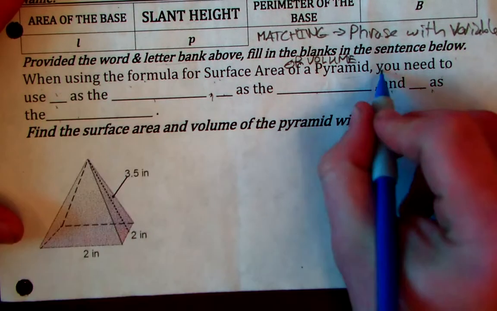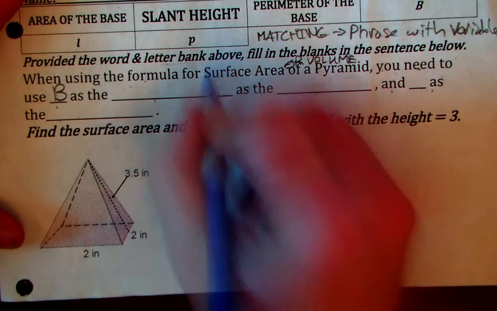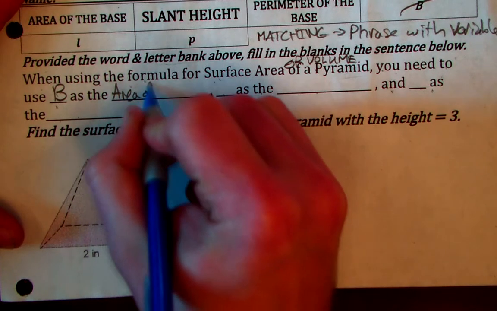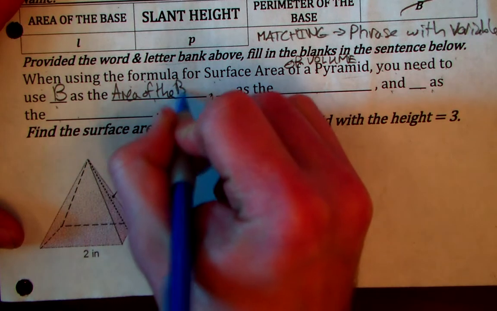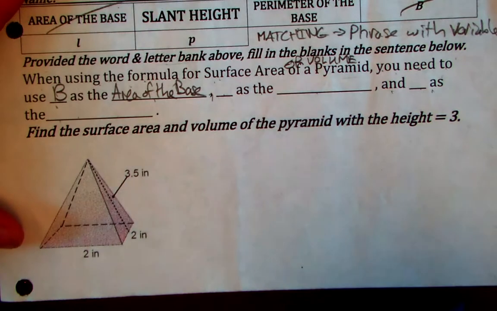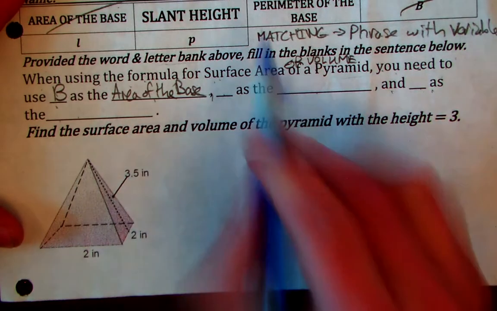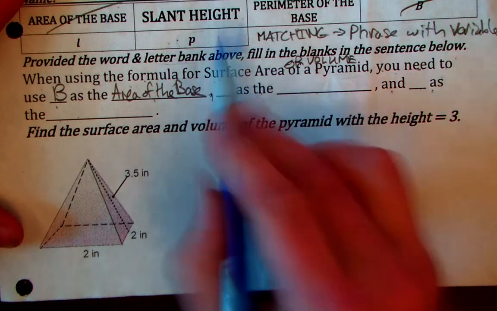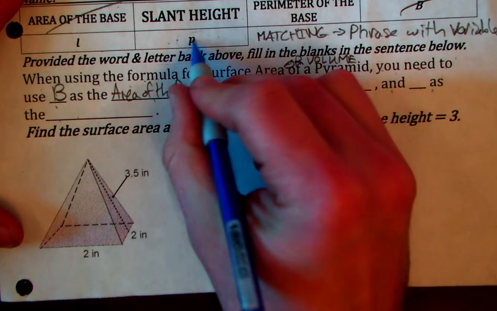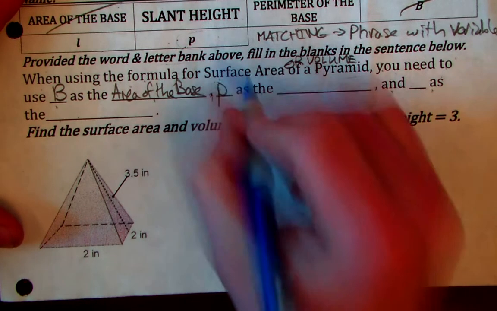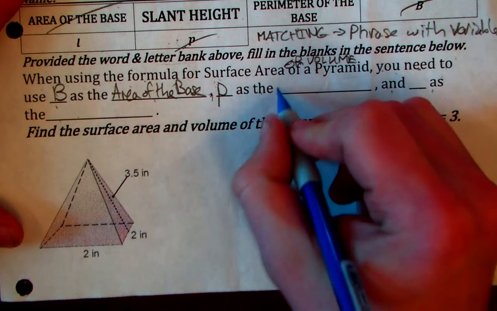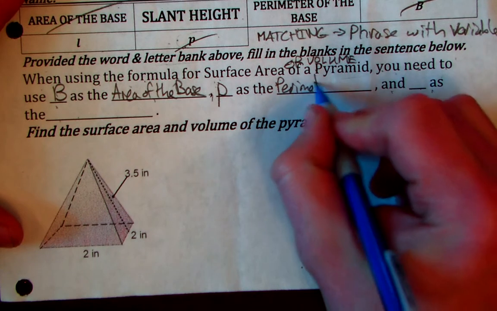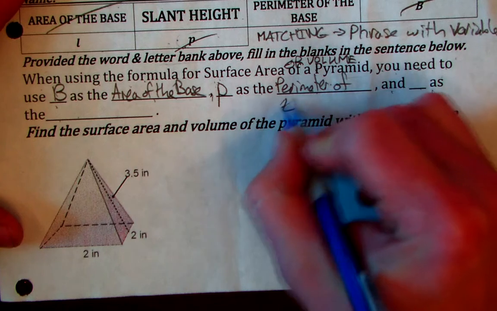So let's get down to business. It says, you need to use that big B. I used it for the area of the base. Cross it out since I used it. Now what else do we have? Well, I'm a little bit unsure, but maybe I can use my context clues. I have that the P, this letter P, is going to be the perimeter of the base.